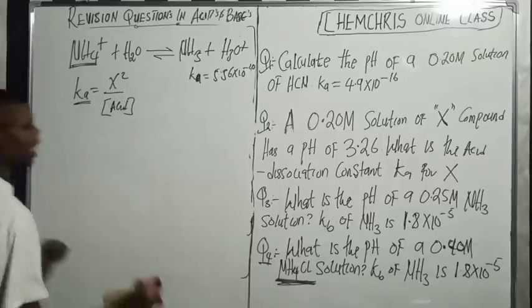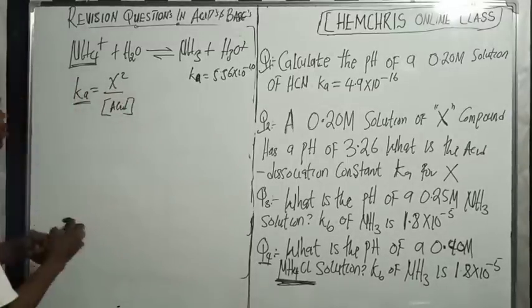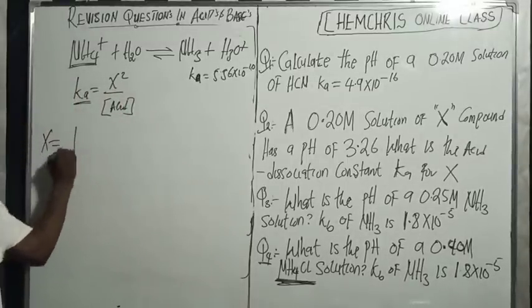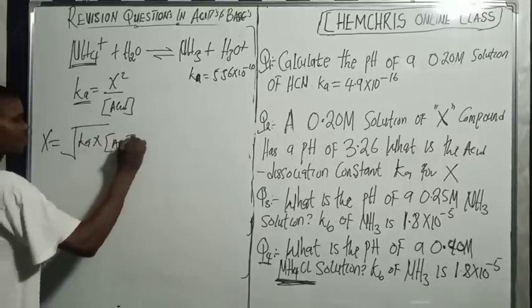Remember, the goal is to calculate the pH. So now I need to calculate x. x is equal to the square root of Ka times the concentration of the acid.